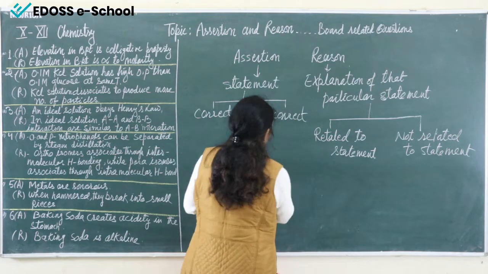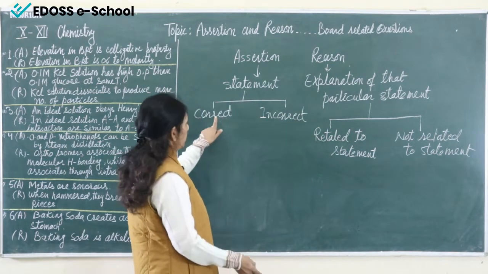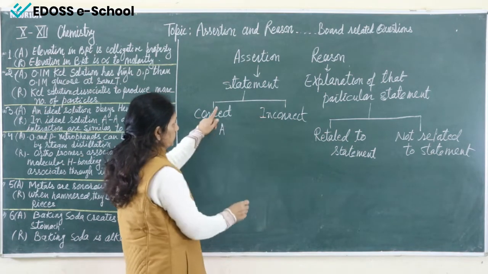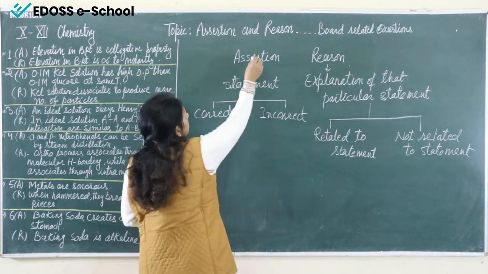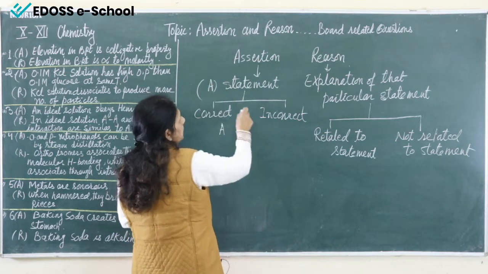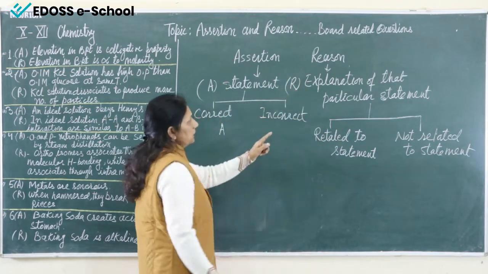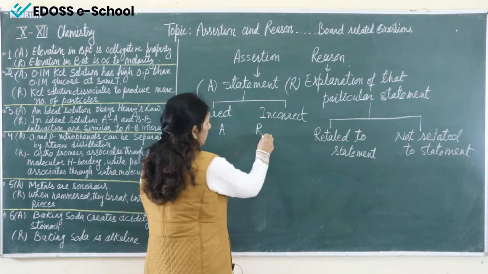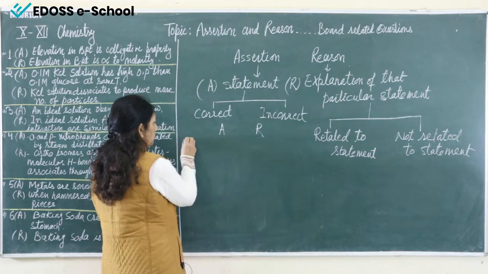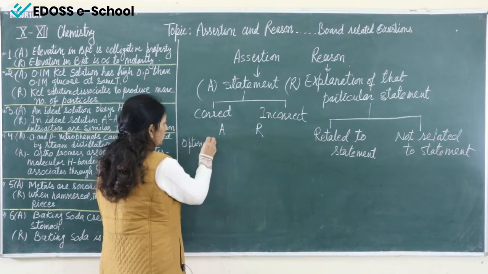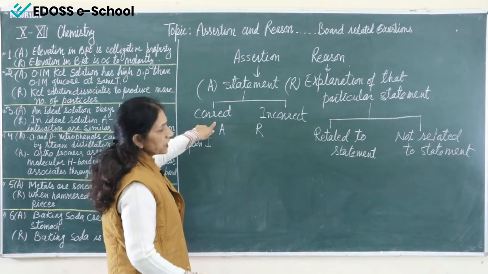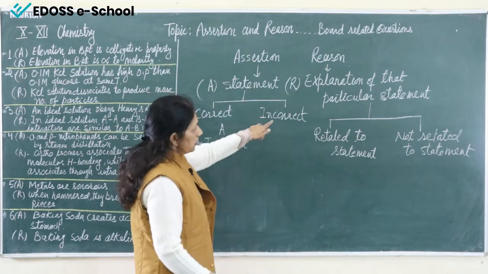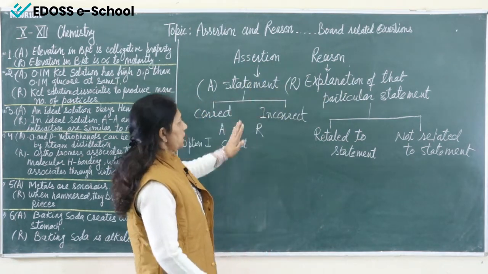Now see the options. What options are we getting? Now, the statement is represented by A and the reason is represented by R. So this is A and this is R. So the first option, option 1: the statement can be correct, and the reason can be the correct explanation of that statement.